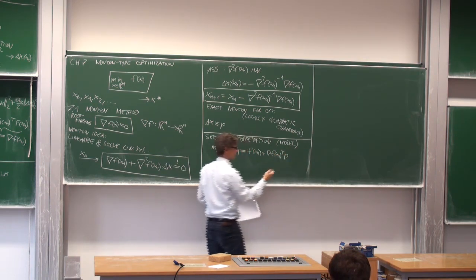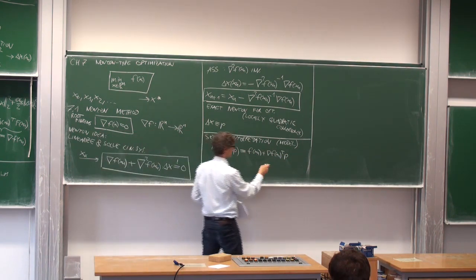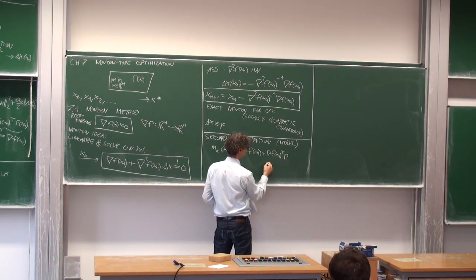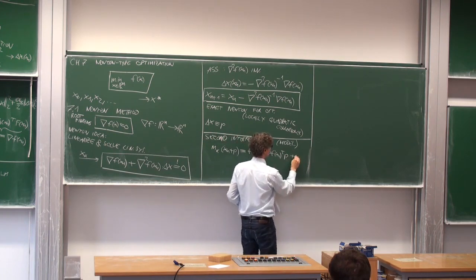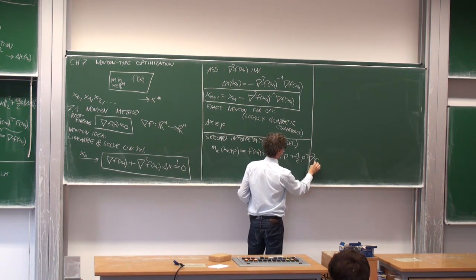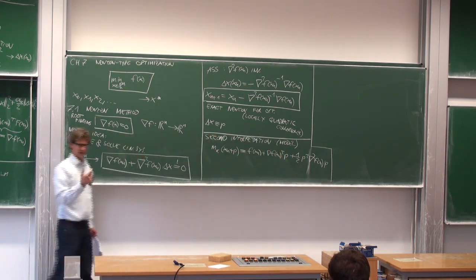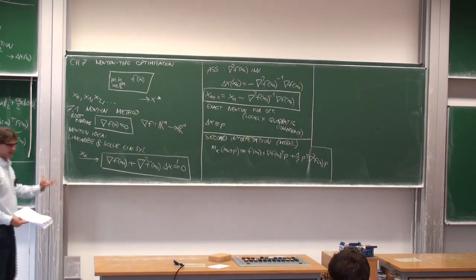And here I multiply it just with p. I could write this model differently, but then I would have more to write here. And then the last term that I add is actually the next term of the Taylor series, p transpose times the second derivative of f times p. So this would be a quadratic model of my function based on a second order Taylor series.